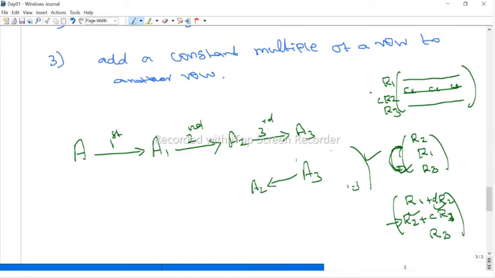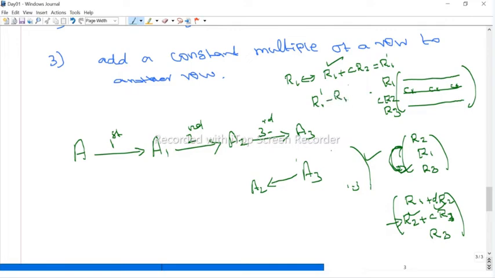Here we added a constant multiple of a row to another, therefore we have to subtract that, and then divide by C. Suppose we replaced R1 by R1 plus C times R2. Suppose this is the third kind we applied. Now first we have to subtract. Suppose we call this new row R1 dash. From R1 dash, since we added R1 here, we have to subtract R1 here.